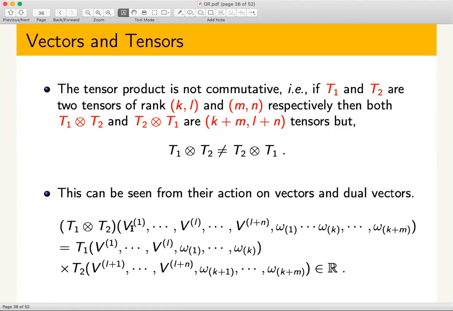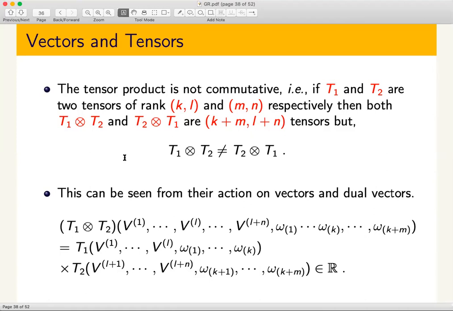Now when you decompose the action of T1 tensor T2 onto this collection of vectors and dual vectors, you find that T1 would act on the first L vectors, because T1 has L covariant indices, and on the first K omegas because it has K contravariant indices.